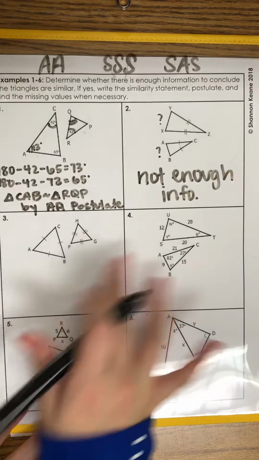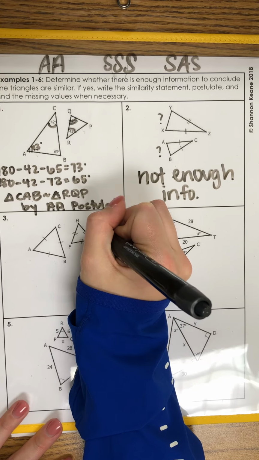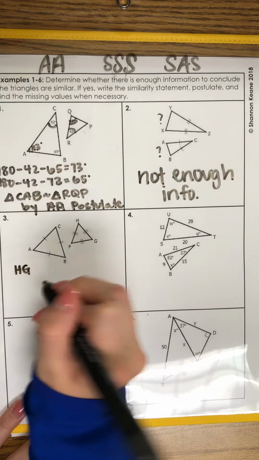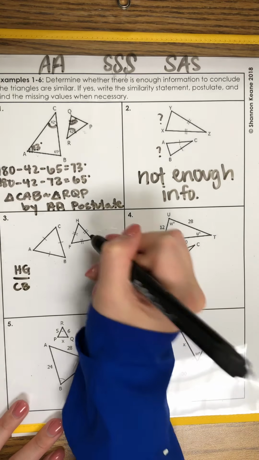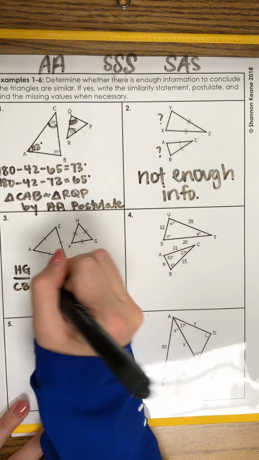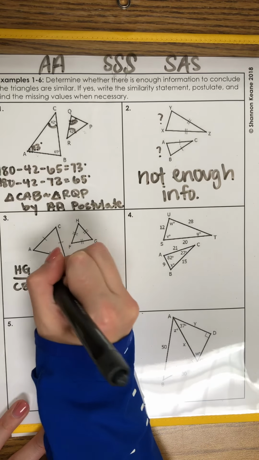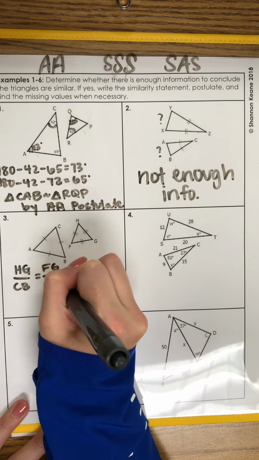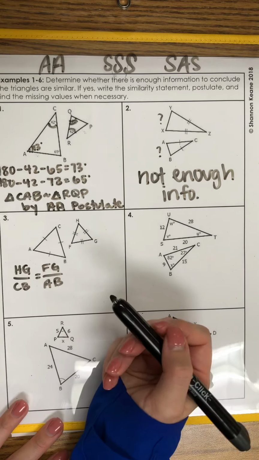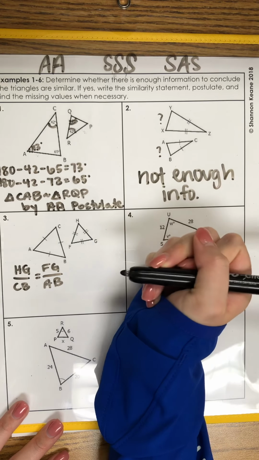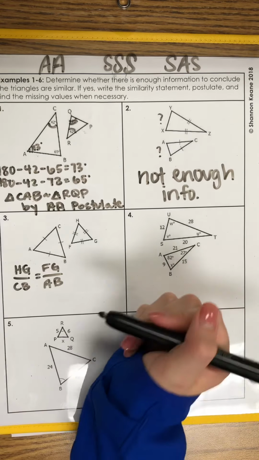We have no idea what the side values are, but if we take HG and put it over CB, we can check it with FG and AB. Okay? HG and FG are going to be the same numbers since they're congruent or equal, and CB and AB will be the same numbers because they're congruent.